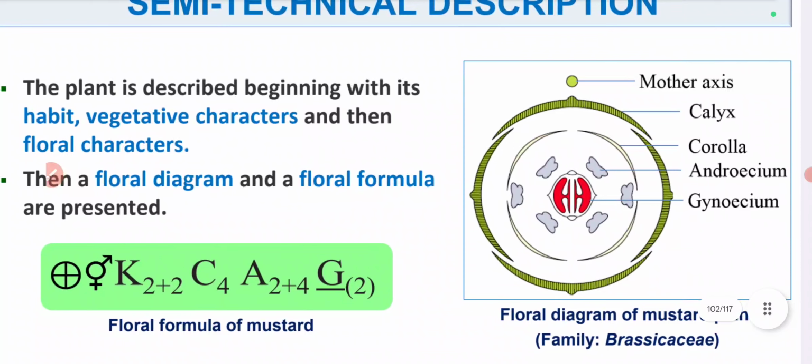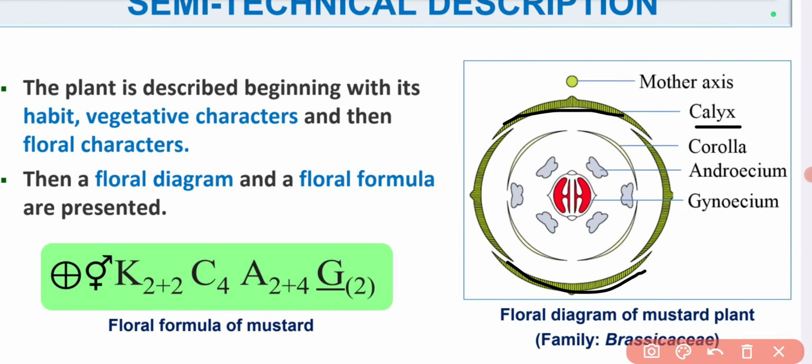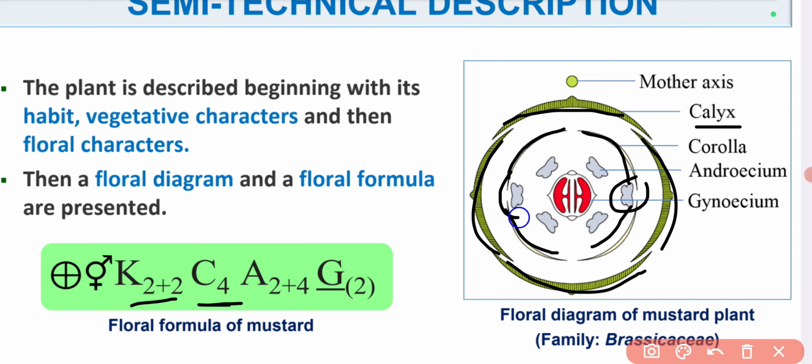K for calyx, 2 plus 2. Calyx is there, 2 are on the outer side, 2 are on the inner side, that's why it is represented as 2 plus 2. C for corolla, corolla is there, 4 are present, so C4. A 2 plus 4 means androecium, 2 are outside and 4 are on the inner side.